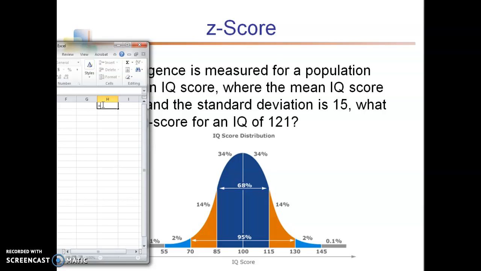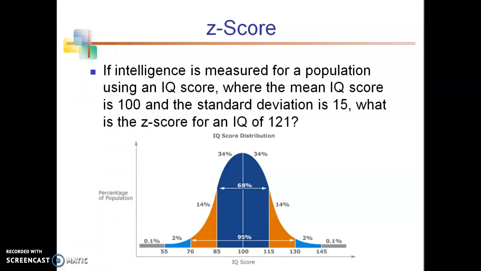Put equals 121. We would subtract from that the mean, 100, okay. And then we would divide that, I need to put this in parentheses, and then we would divide that by our standard deviation, which is 15. Okay, so see the formula? And I get 1.4, which means that someone with an IQ of 121 is 1.4 standard deviations from the mean.